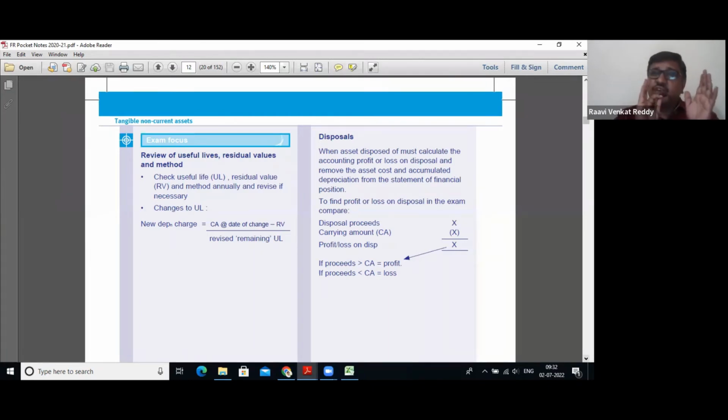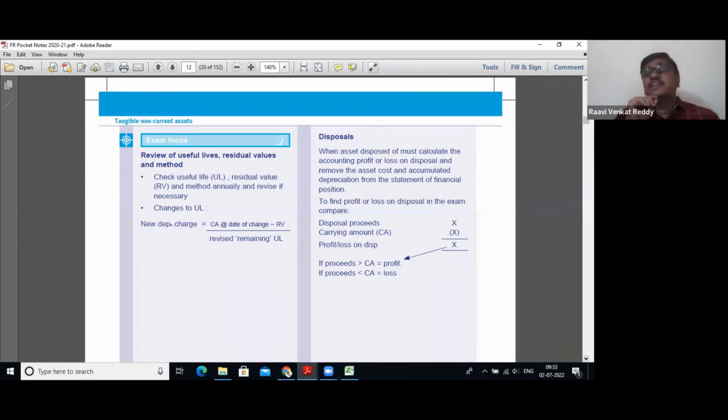Instead of written down value, we always use carrying value. So when the asset is disposed, we compare the disposal proceeds, which are the amount we receive when we dispose of an asset, with the carrying value. And the difference will be considered as profit or loss on disposal.